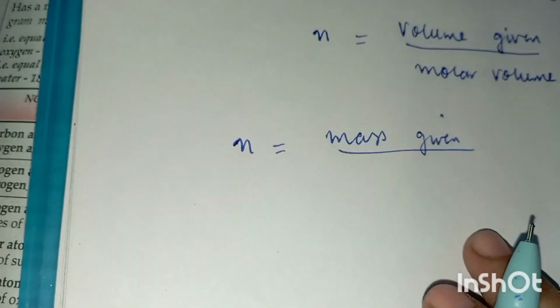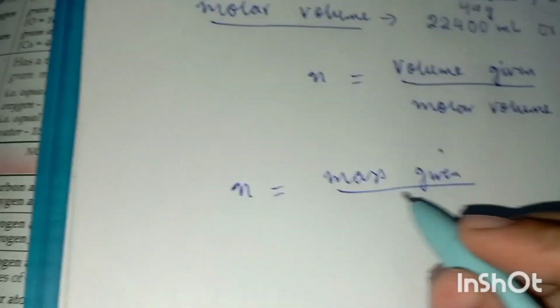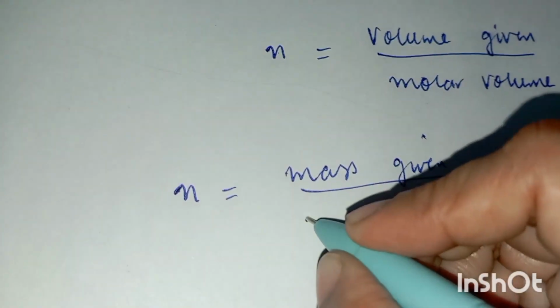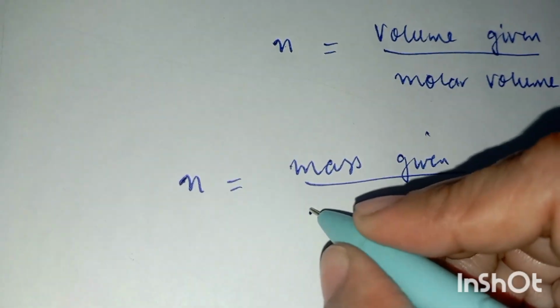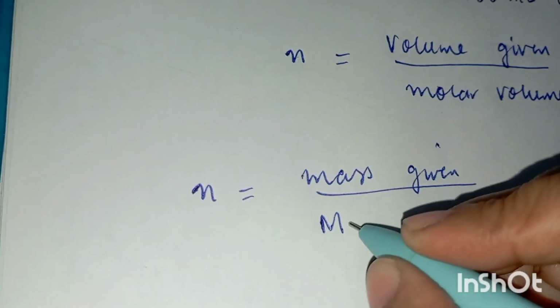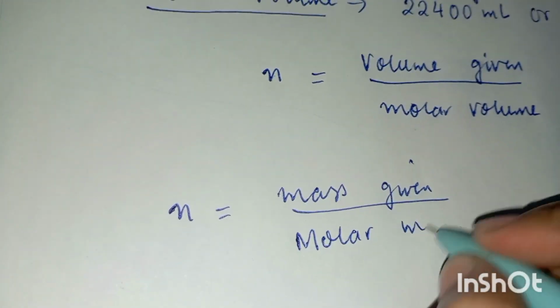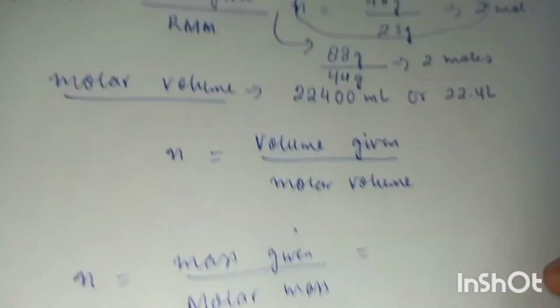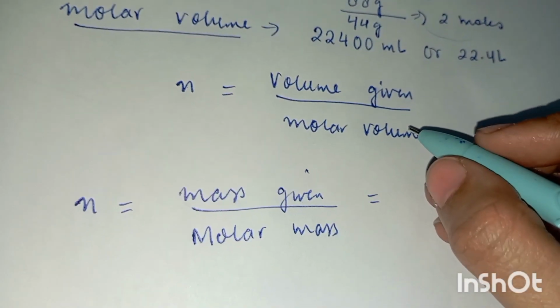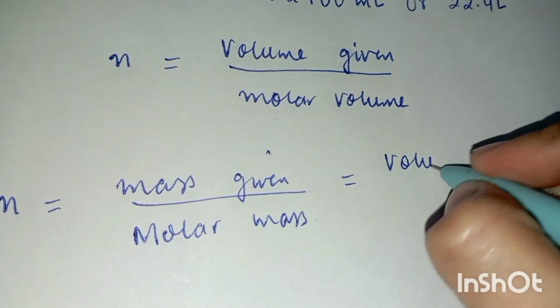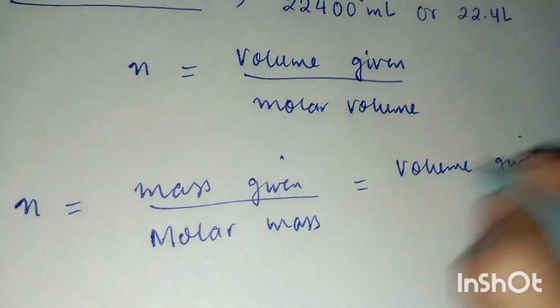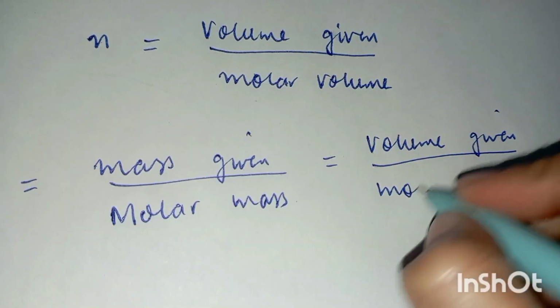Okay, so you have generated two formulas for n. n is equivalent to mass given upon molecular mass, relative molecular mass or molar mass or gram molecular mass, either you can say, and the other when the volume is given: volume given upon molar volume.